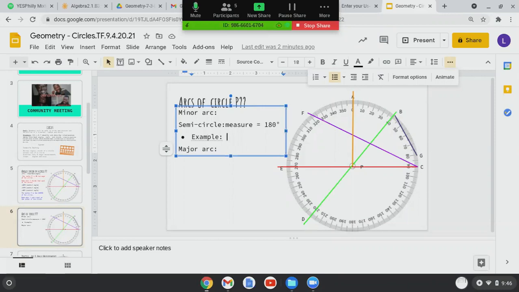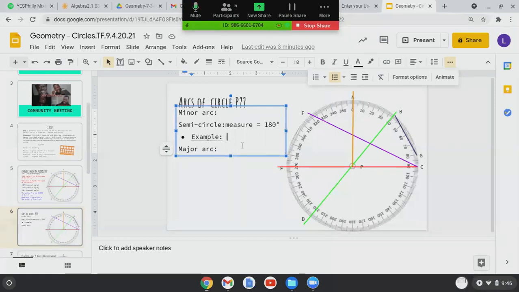Now, if I said to you, the measure of a minor arc plus the measure of a major arc equals 360, right? Because that'll be the whole circle if I have a minor arc and a major arc. We just discussed that a semicircle measures 180 degrees.